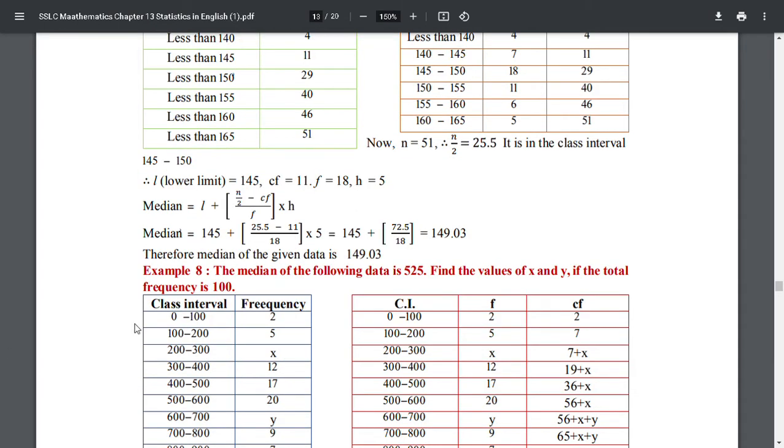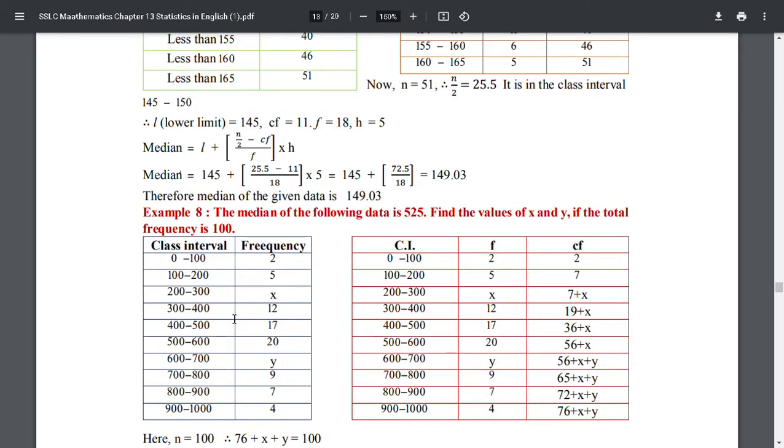lower limit L is equal to 145. CF is equal to 11. f is equal to 18. h is equal to 5. Median is equal to L plus (n by 2 minus CF) by f, into h.